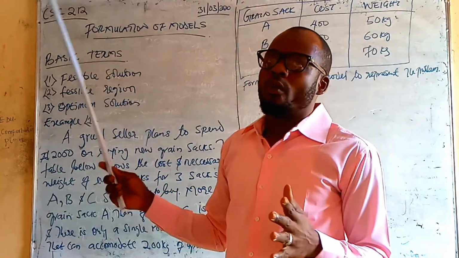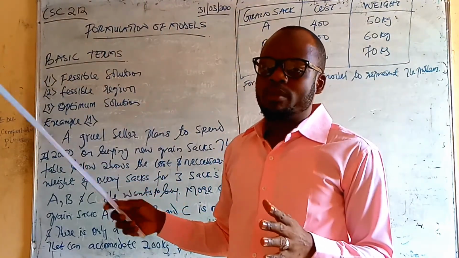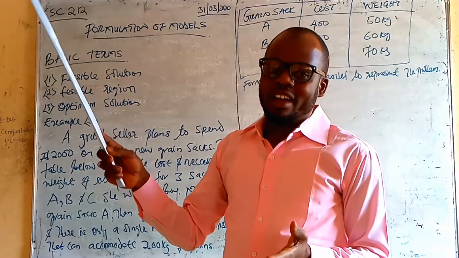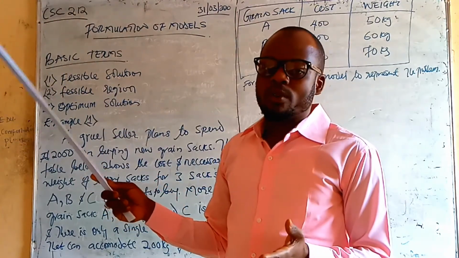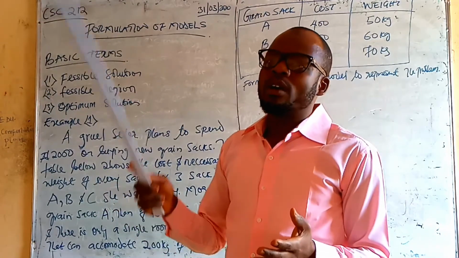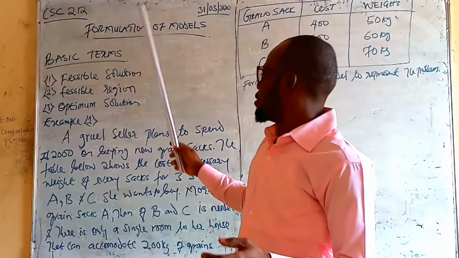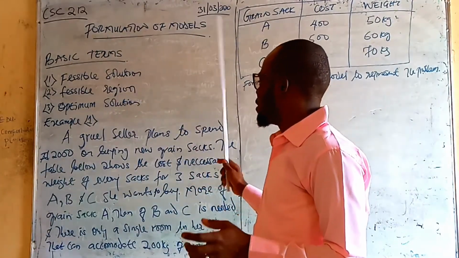That means in a maximization problem, the solution will be the highest, and in a minimization problem, the solution will be the smallest. So this is just the definition of some basic terms.